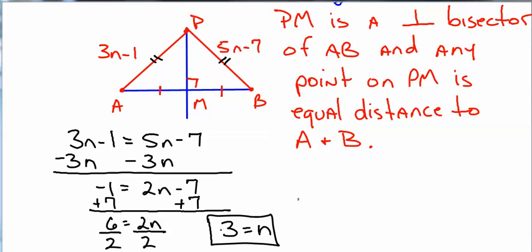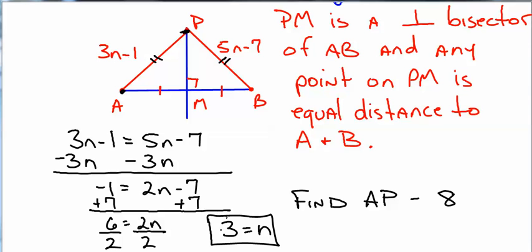And if you were asked to find AP, then AP would equal, Trevor? 8. Very good. Well, look, A to P is equal to 3 times n minus 1.